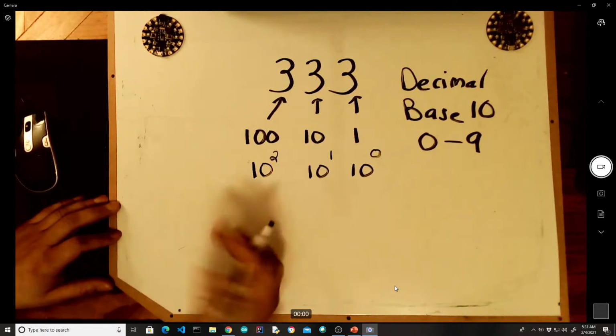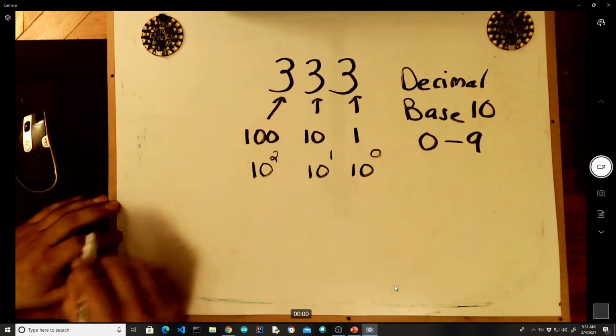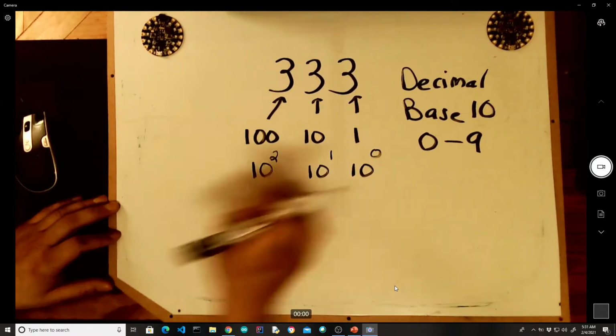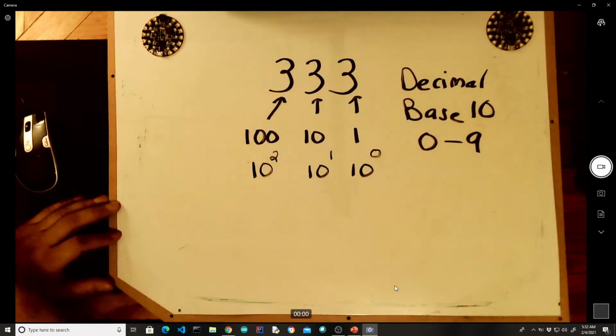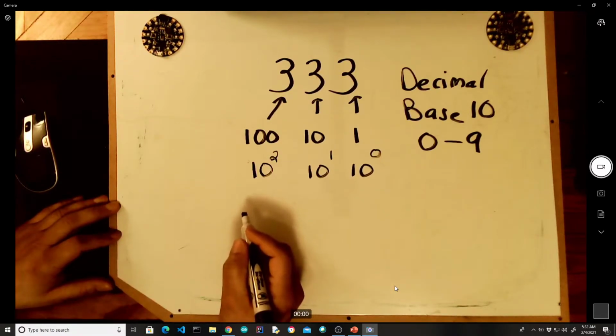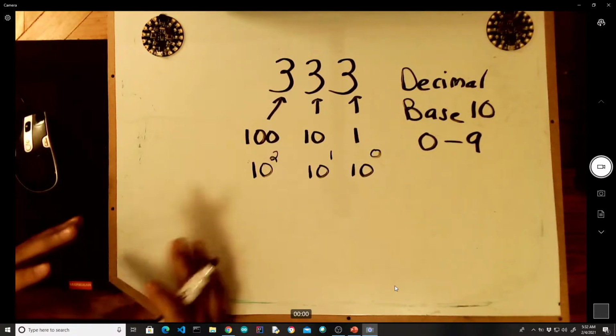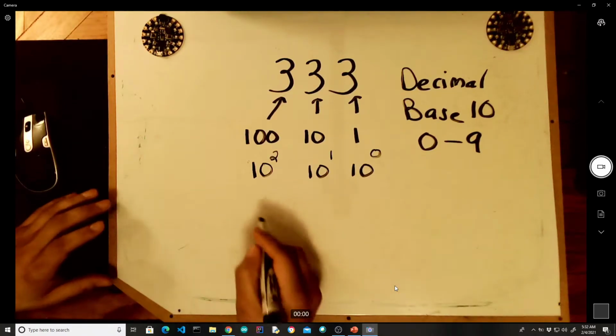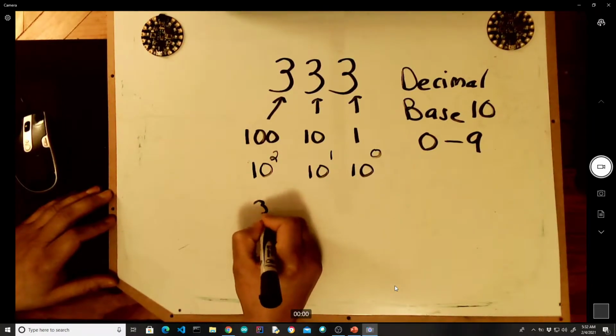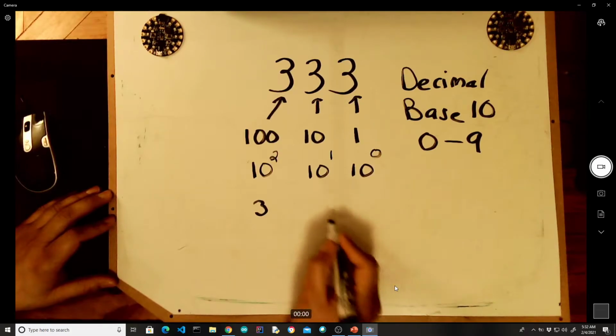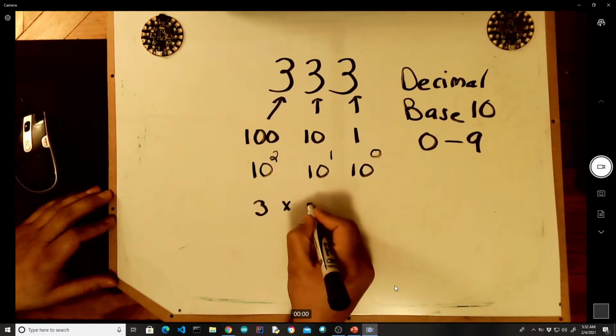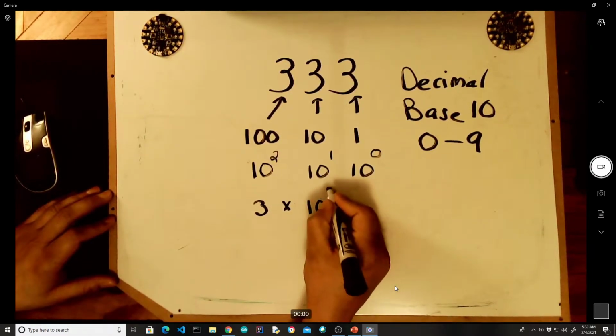Okay, so we understand this idea of place values. That's the reason this one's 300, this one is 30, and this one is 3. But let's go a step further, putting it all together. In a number system, to get the full value of the number, we take the digit at that position and multiply it by its place value.